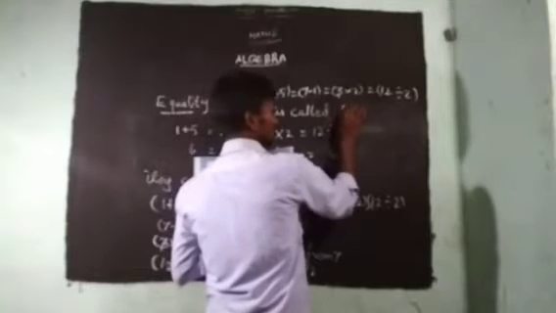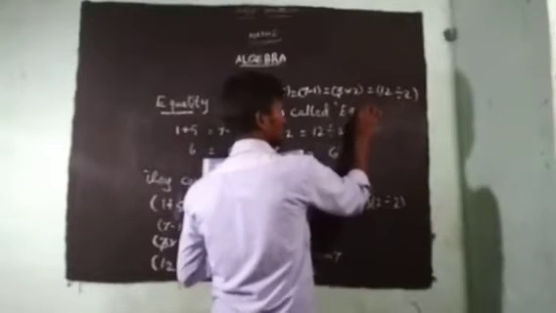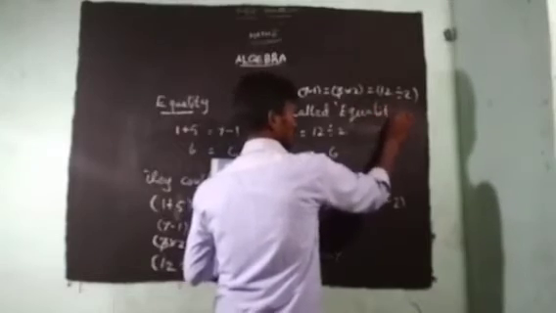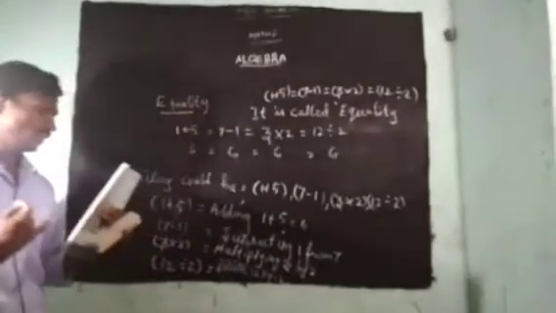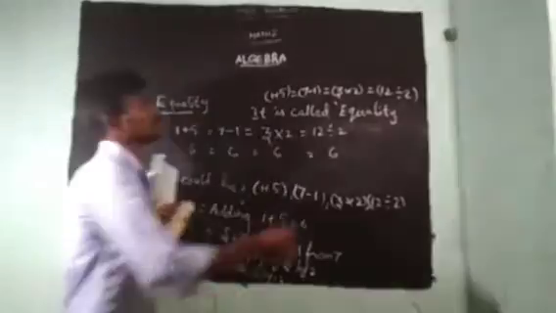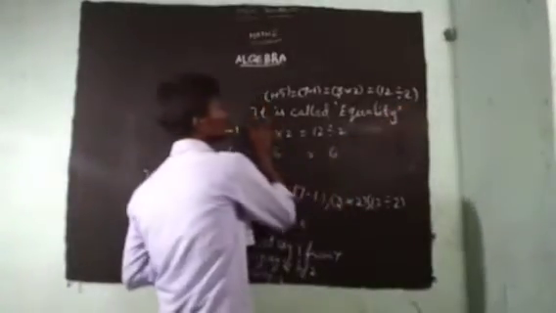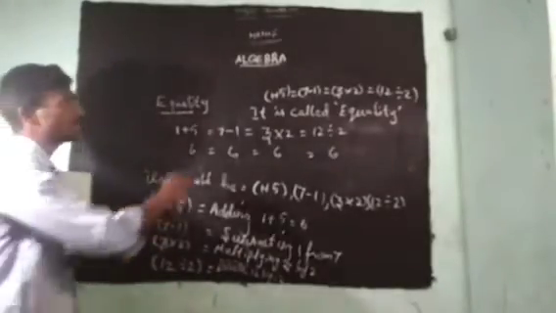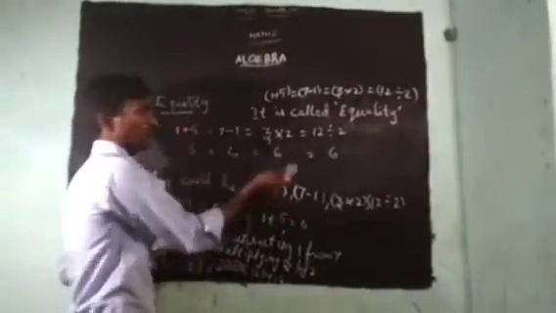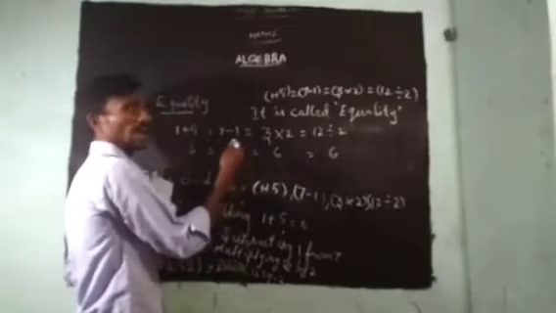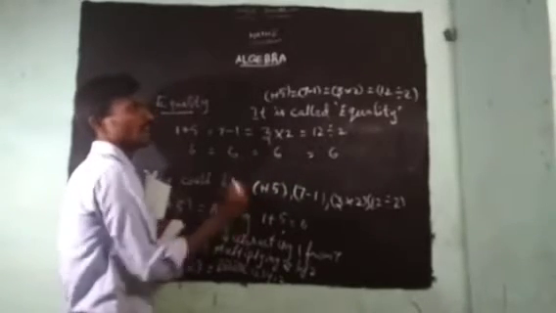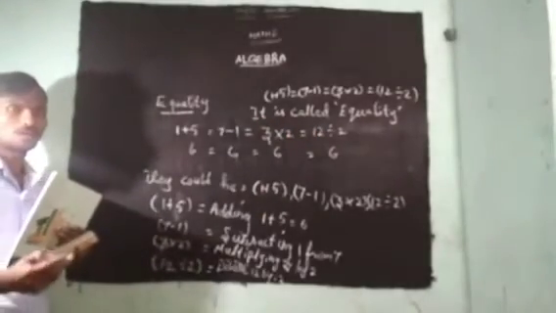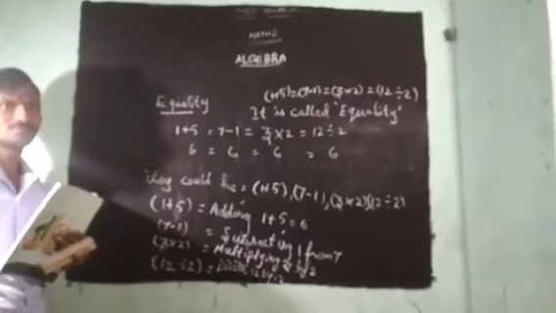What is it? Equality. What is equality? By doing multiple or different operations and getting the same answer is called an equality. Okay. Are you all clear with this, children?